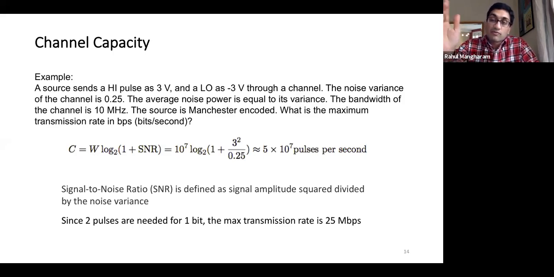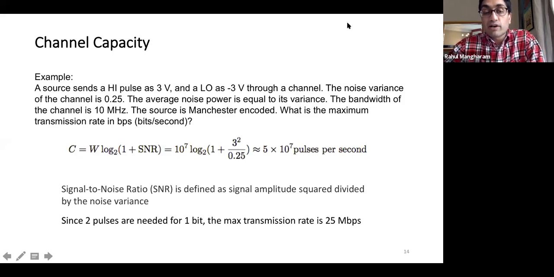So that's 4 or 5 orders of magnitude more noise than a wired line, and therefore we do not have 100 megabits per second being shared. There are other reasons, which we'll come to in the next few lectures, about the challenges with wireless, but that's that.